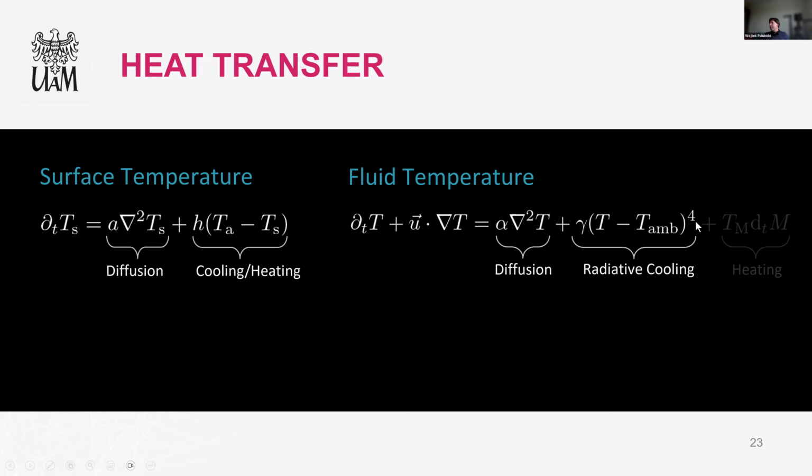And it is here taken to the power of 4. Why to the power of 4? This is really something we took from a paper as well. This seems simply to be a better approximation to observational data.